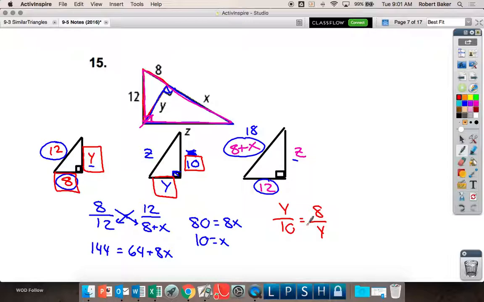That's something you're more comfortable with solving, right? You did long leg over long leg, short leg over short leg. That would work. Y over 10? You can solve that yourself. I have confidence you can do that yourself.